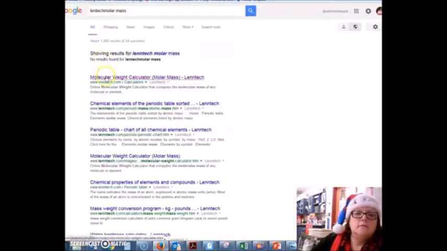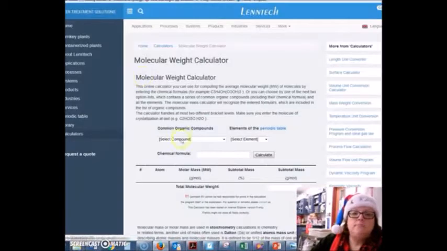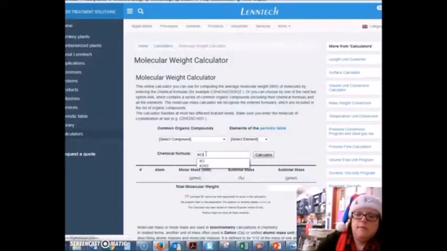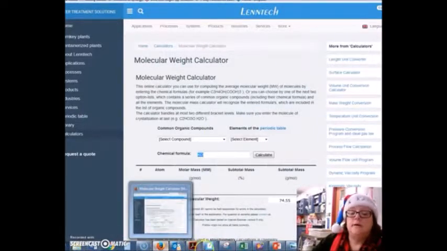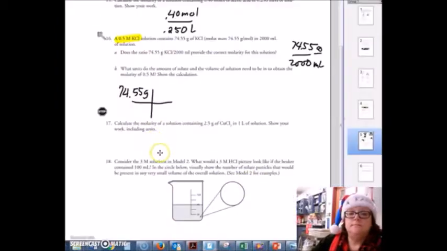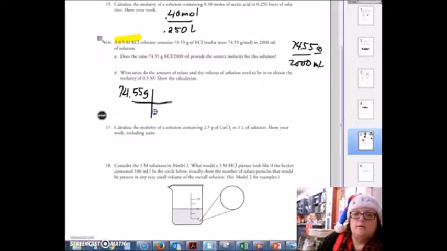So where we are now, we're back on number 16. We're going to start to calculate molarity. First, we have to change grams of potassium chloride to moles of potassium chloride. So right now I'm looking up the molar mass of potassium chloride. It happens to be 74.55 grams per mole. So I'm going to take 74.55 grams divided by 74.55 grams per mole, which gives us, of course, 1 mole.